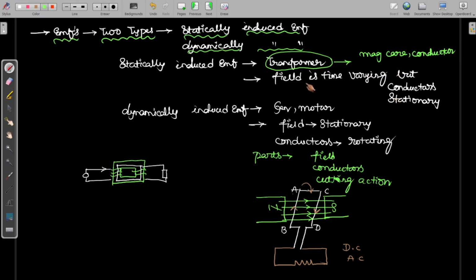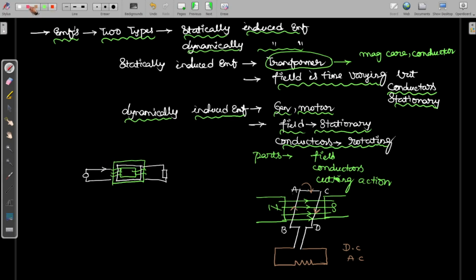There the field is time varying but the conductors are stationary. This is statically induced EMF. In dynamically induced EMF, as in a generator or motor, whether AC or DC, the field is stationary and the conductors are rotating.